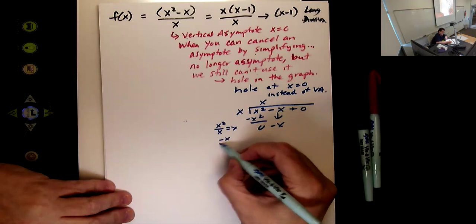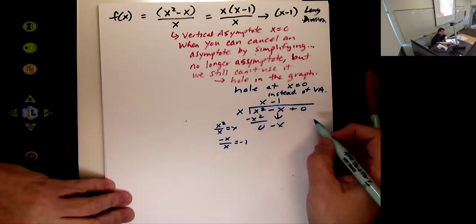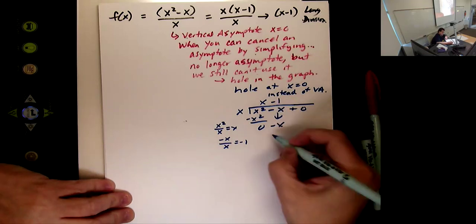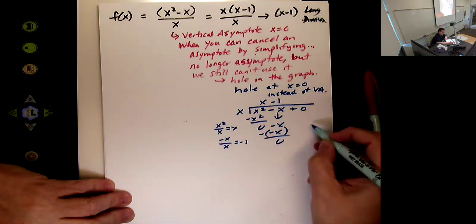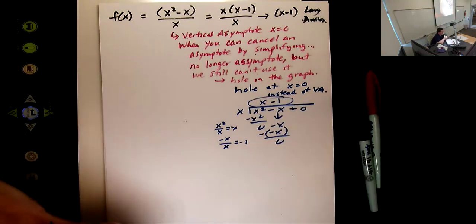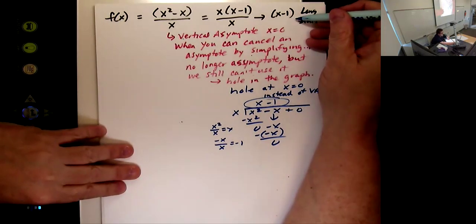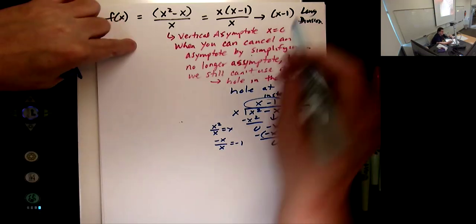Negative x divided by the number out front is -1. -1 times x is negative x. Then I subtract it and I get 0. And we're done. So that's what we're left with, which we just got by canceling out. Sometimes you can't cancel out, but in this one, it just canceled out. So I was showing two birds with one stone there.